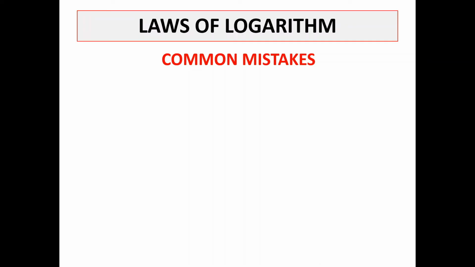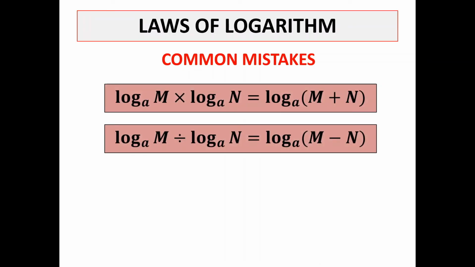Now we will see some common mistakes done by the students, hopefully not you in the future, about law number 1 and law number 2. Okay, some students put log m base a times log n base a equal to log m plus n base a, and log m base a divided by log n base a equal to log m minus n base a.